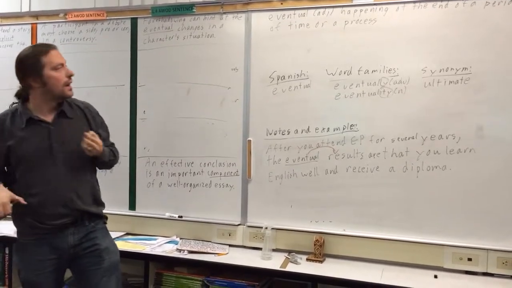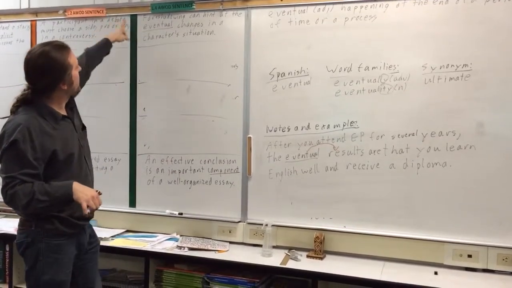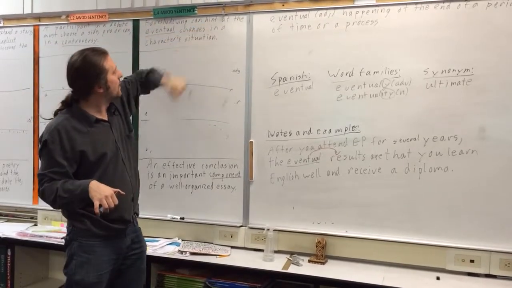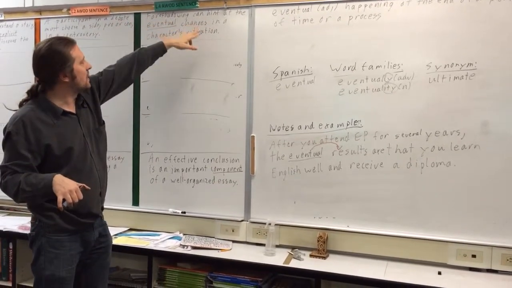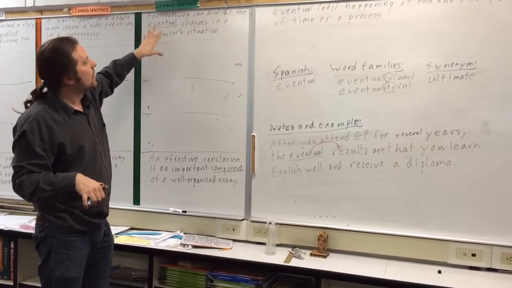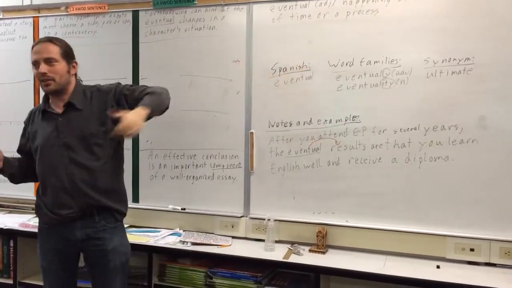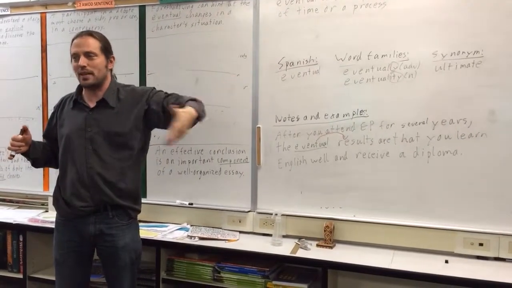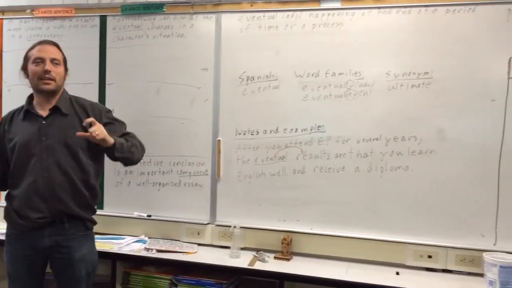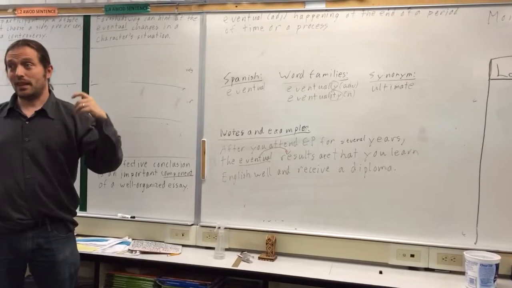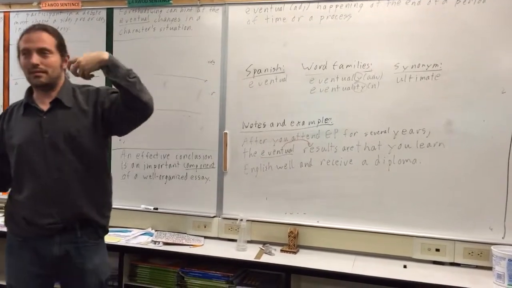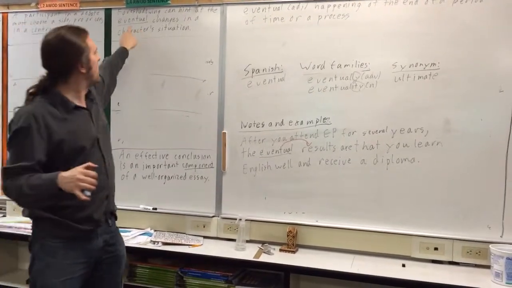And so we could say foreshadowing can hint at the eventual changes in a character's situation. So the eventual changes, I mean the changes that are going to happen at the end of the book, or at the end of the story. So foreshadowing is earlier, but it gives a clue about what's going to happen later, the eventual changes.